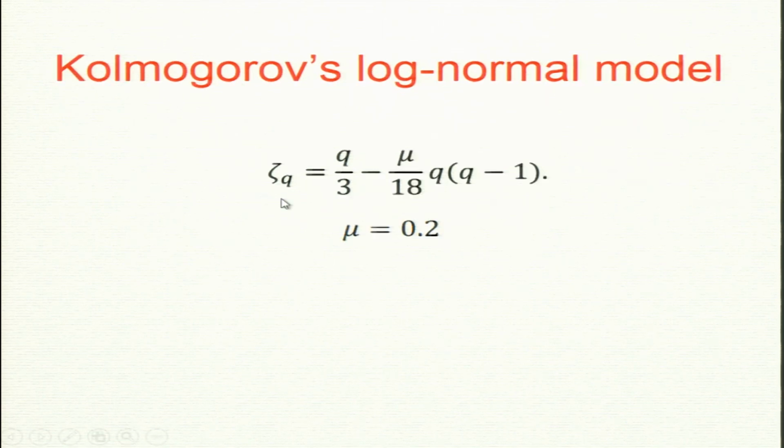Kolmogorov himself had given a theory that the dissipation rates are log normal. A normal distribution has a peak. So, this is probability on the y axis, and it peaks at epsilon u with a certain distribution.